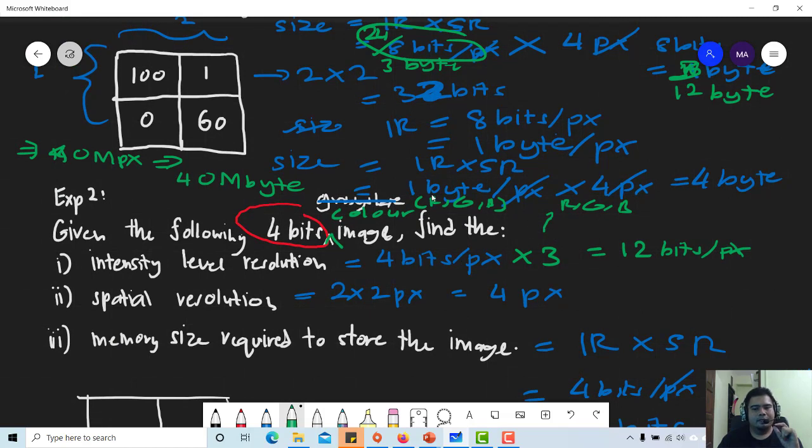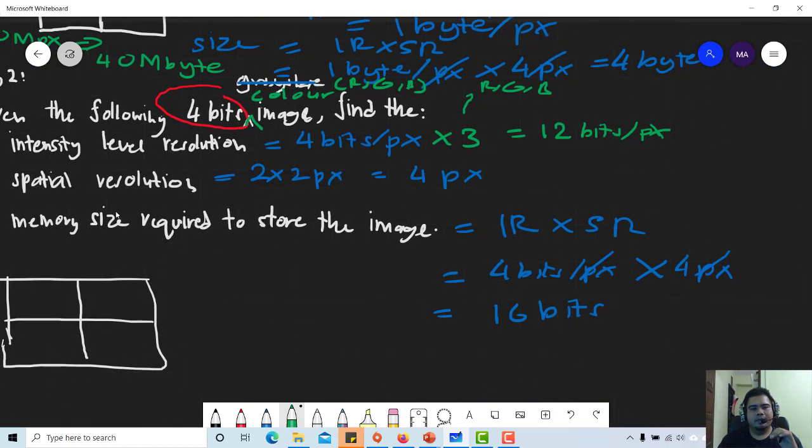But now because you have a 3-layer RGB color image, 4 bits must be multiplied by 3, you get 12 bits. And then to find the memory size, because this is not 4 anymore but 12, 12 times 4 should be 48 bits, right? 48 bits.